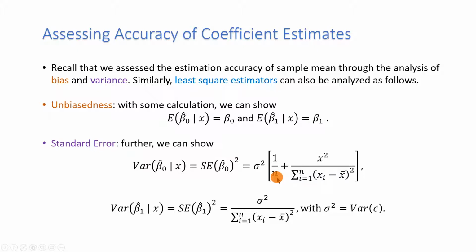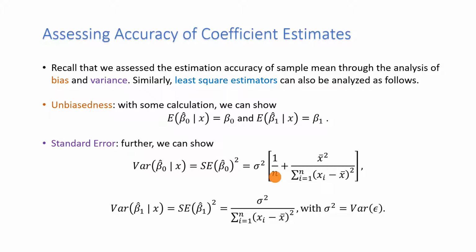So you can see that the scale of your standard error for either beta 0 hat or beta 1 hat depends on the variance of your approximation error epsilon, and it also scales down with an increasing sample size n. For a larger sample size n, you would expect a smaller standard error of your estimates.